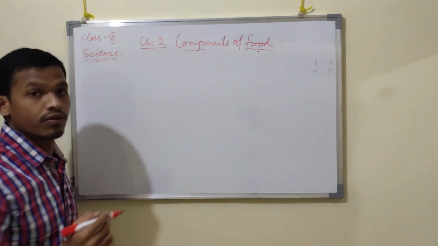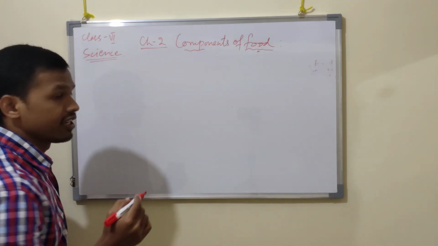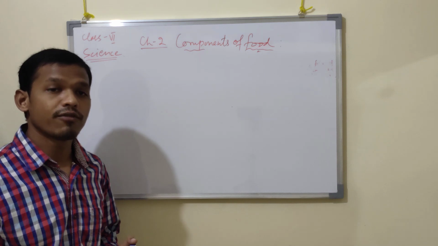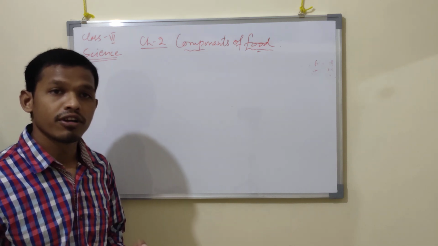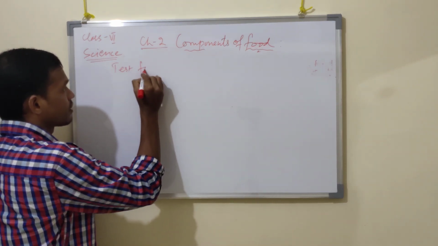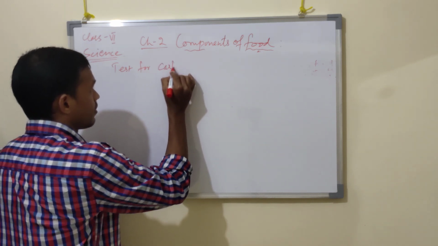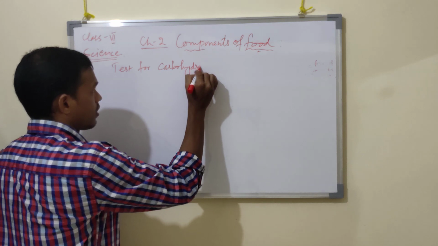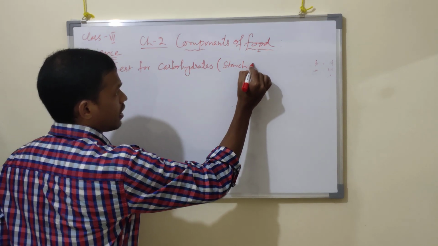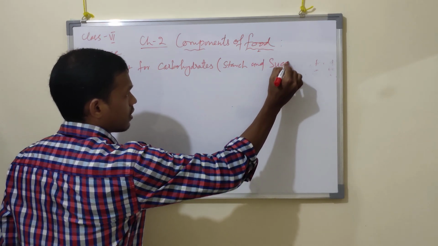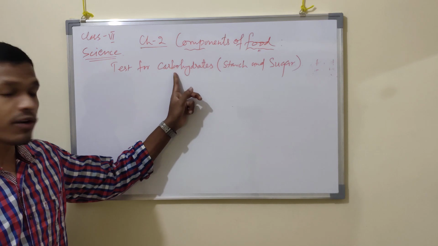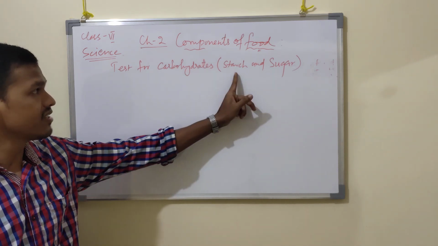To carry out the tests, first we will test for carbohydrate. There are many types of carbohydrates, but the carbohydrates present in our food items are usually starch and sugar.